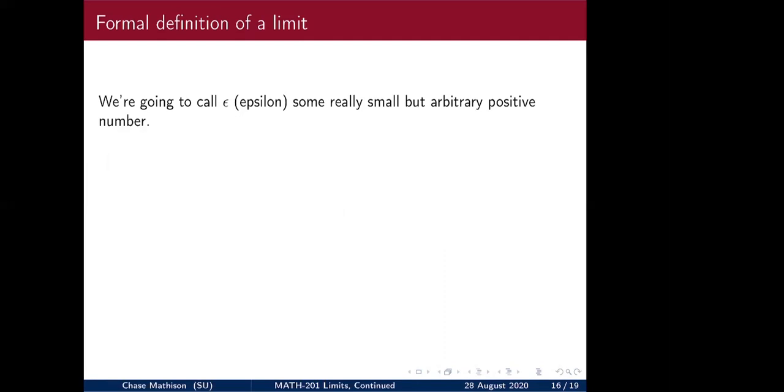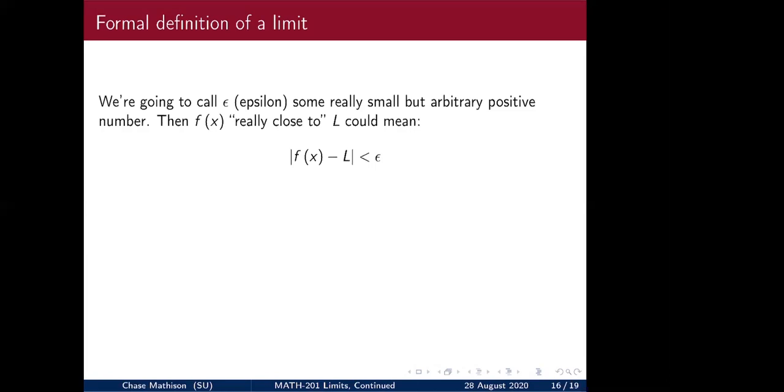So epsilon is a very, very small but arbitrary positive number, okay? So this weird e here, that is epsilon. So the idea is like if I come in here and I say epsilon equals 0.001, then you would say f of x is really, really close to L means that the absolute value of f of x minus L is less than epsilon.